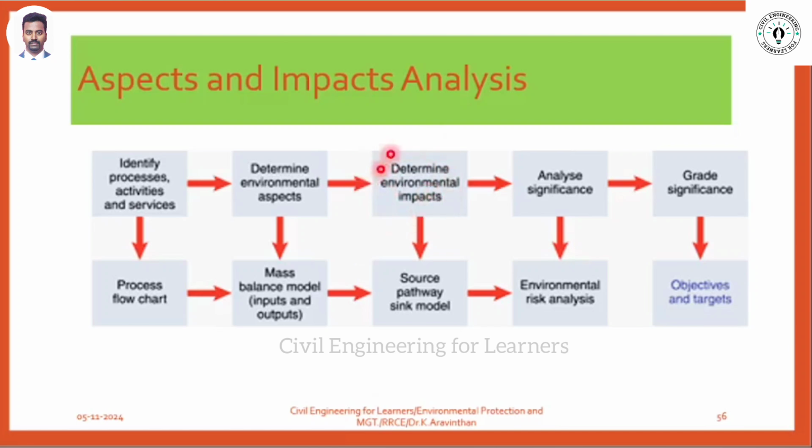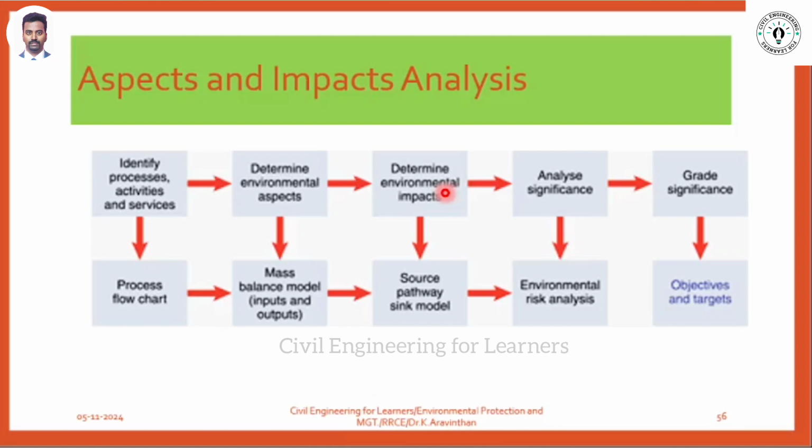Determine environmental impacts. If you identify aspects, the same will be carried to the impacts. Then you have to track the source pathway sinking model. Where is the source for this impact? You have to check. It might be some raw material. If you change the raw material, you will get the final product as the same, but the environmental impact will be much lesser.